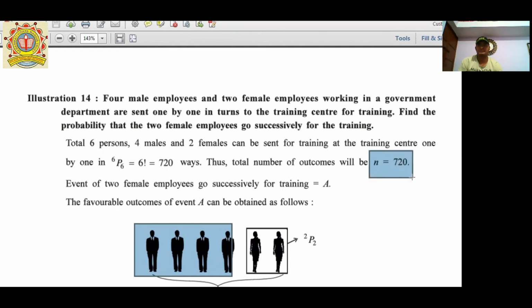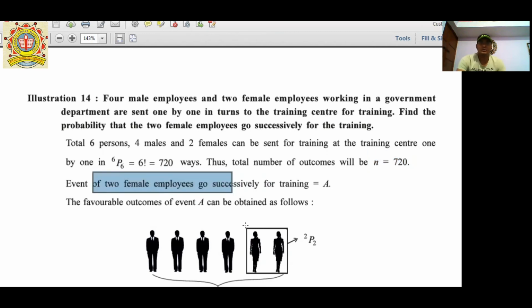Now they ask to find the probability that the 2 female employees go successively for the training. Means the 2 female employees go together for training. So for the 2 female employees we can say 2P2.